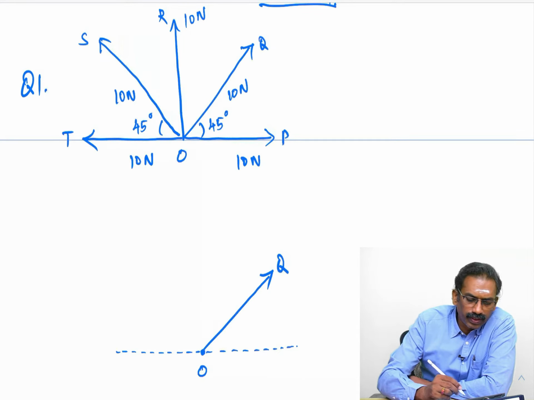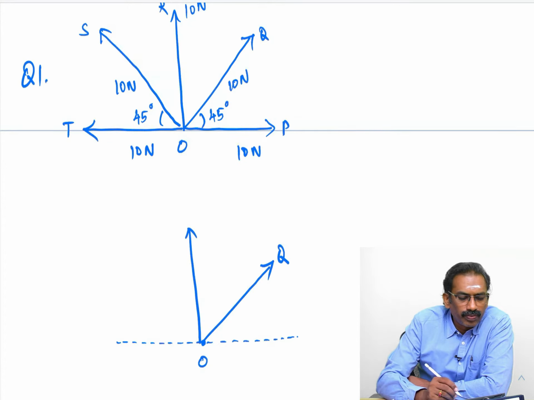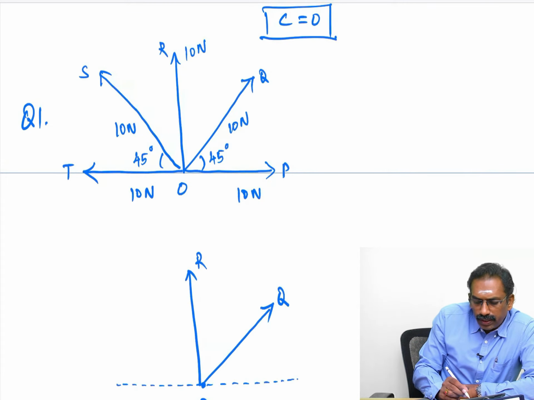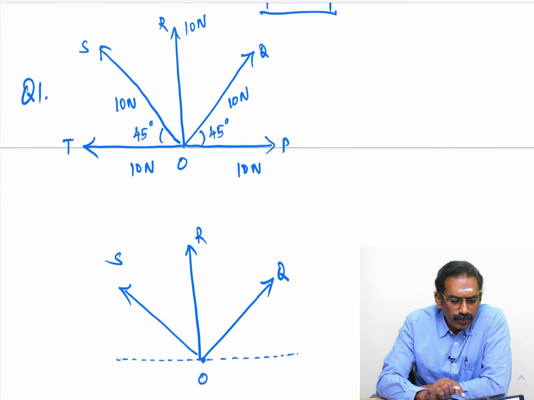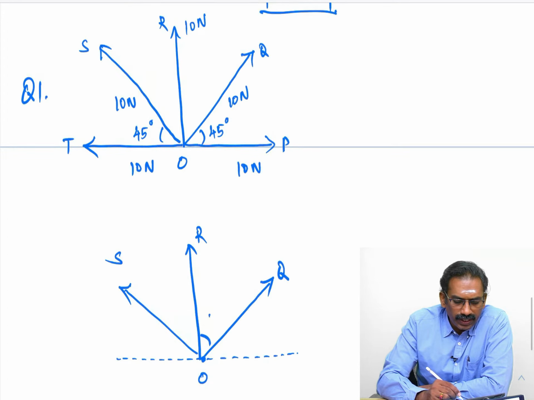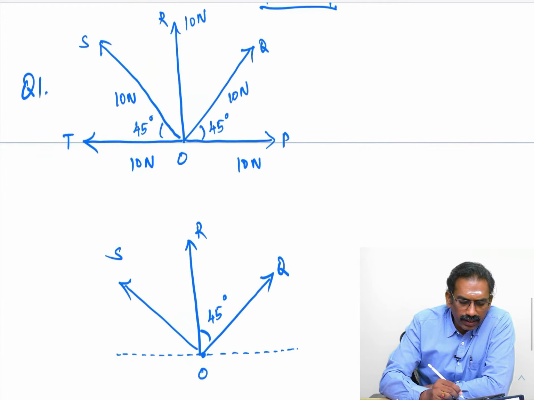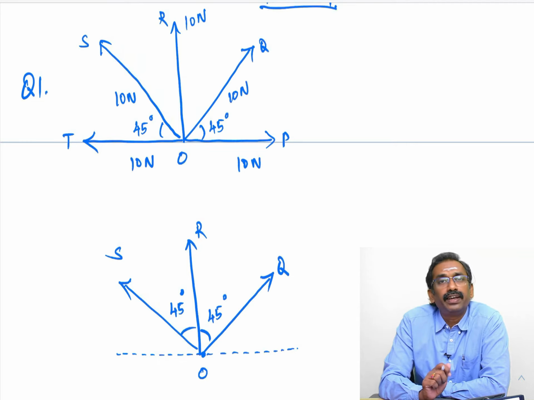OQ, OR and OS. The angle between Q and R is 45 degree and angle between S and R is 45 degree. Therefore, angle between Q and S is 90 degree.